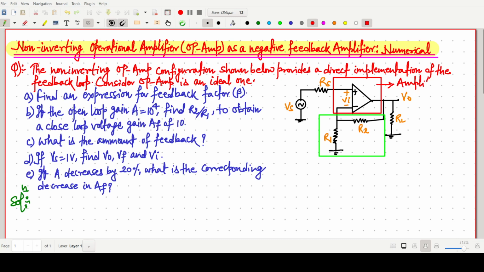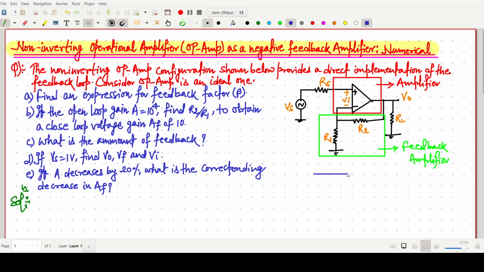This one is our amplifier, and this green one is the feedback network.